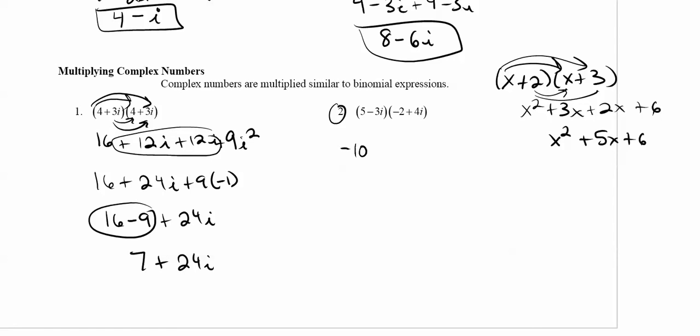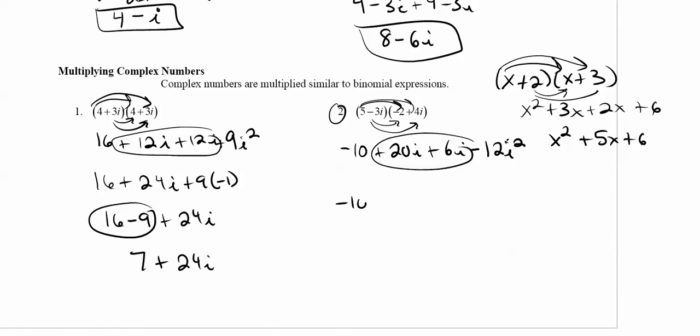negative 10, right? And then plus 20i, and then plus 6i, and then minus 12i squared. Okay, so we can combine the like terms, so that'll be negative 10, and then plus, well, 20i plus 6i will give me 26i, and then minus 12.